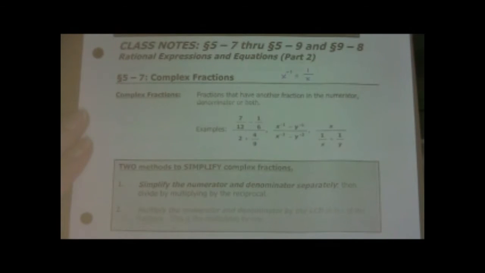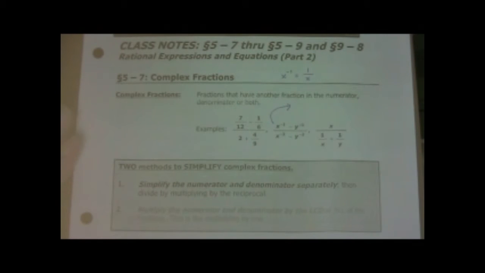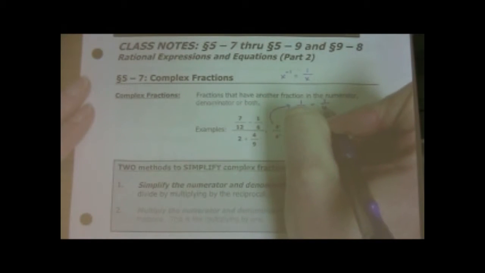That was negative exponents. So here's the deal. It isn't that we move this x down here and this x up here, because it doesn't work like that. What this is, we have to make a fraction out of each term. So when we simplify this, this is actually 1 over x minus 1 over y.